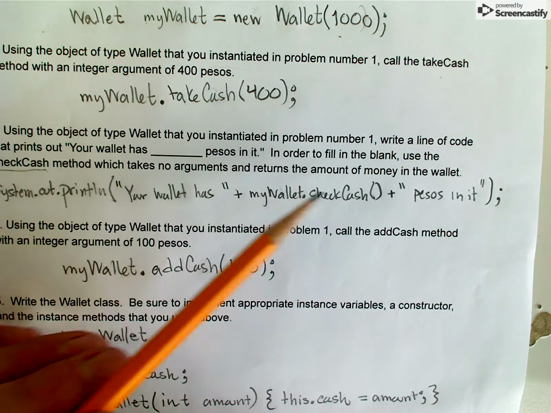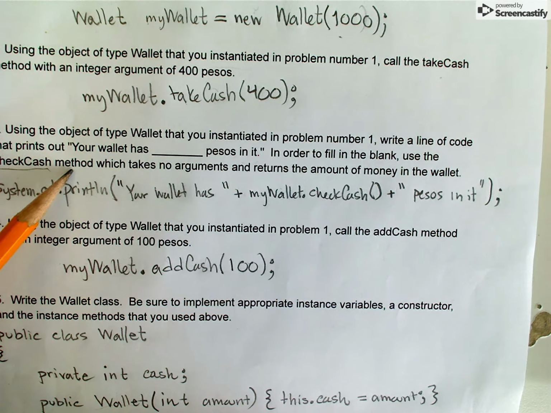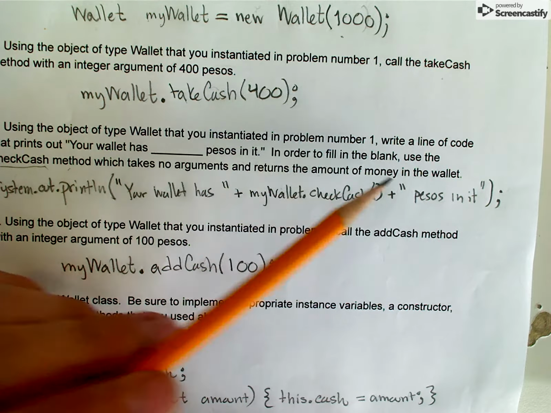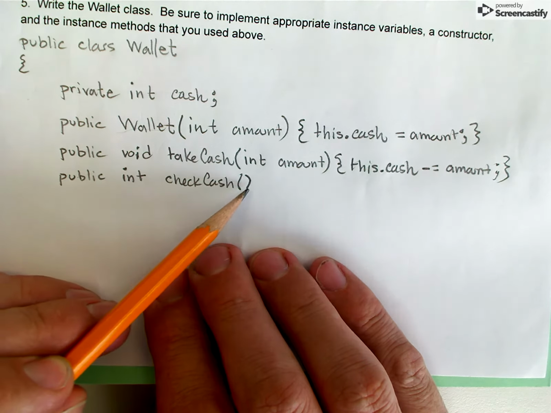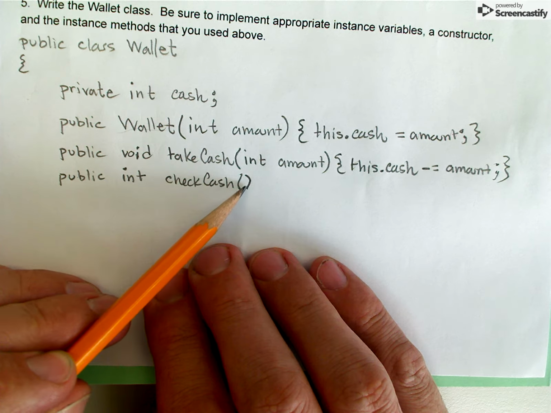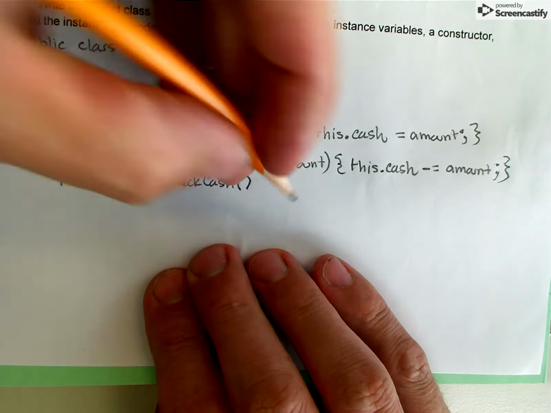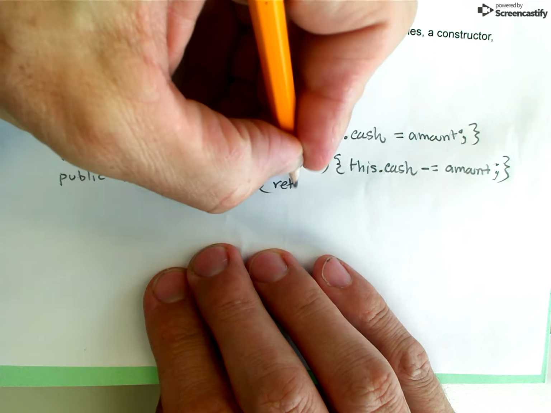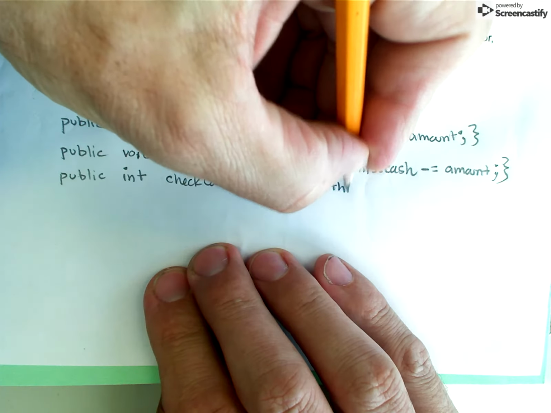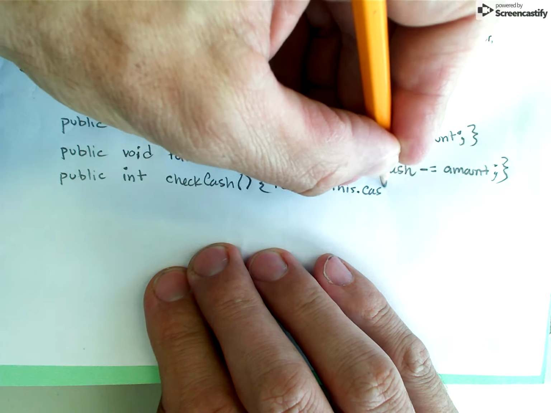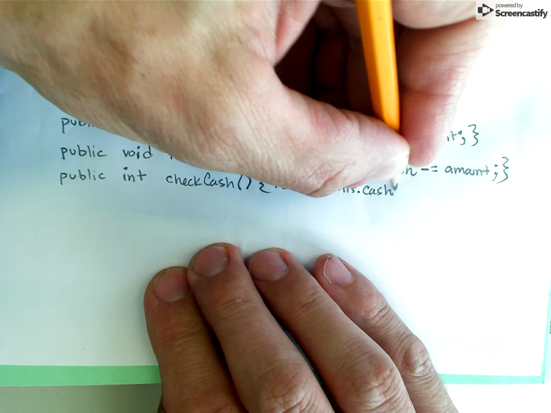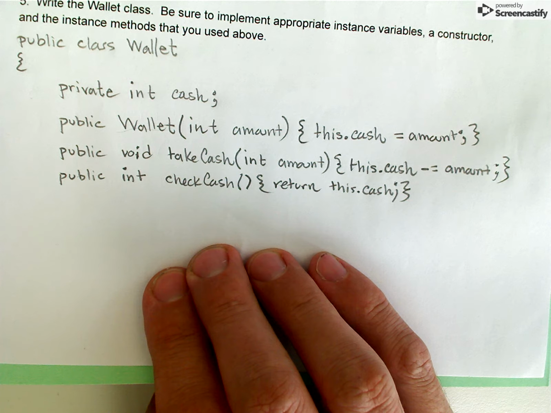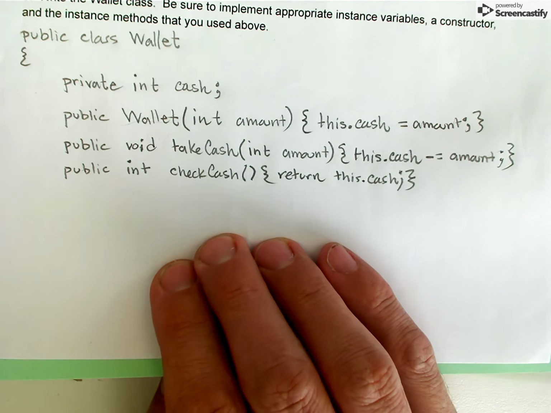That was outlined up here. It says to use the checkCash method, which takes no arguments, and it returns the amount of money in the wallet. So that's easy enough. No arguments here, so I don't have any parameters to hold those arguments. And I'm just going to return this.cash. I'm going to return the value that's stored in that instance variable.